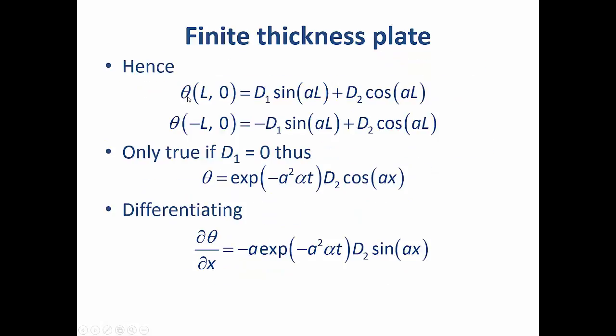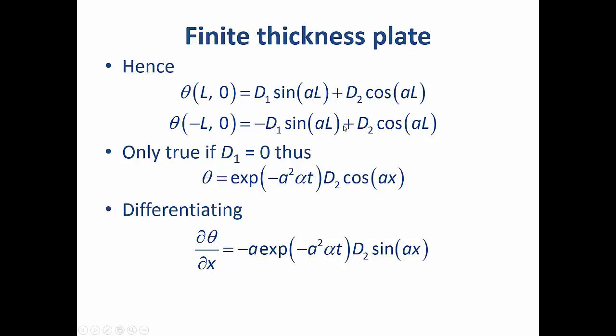Putting all this together, at t equals 0, the dimensionless temperatures at the top surface and the bottom surface are D1 sine AL plus D2 cos AL for the top surface, and minus D1 sine AL plus D2 cos AL for the bottom surface, because the sine of minus AL is just equal to minus sine of AL.